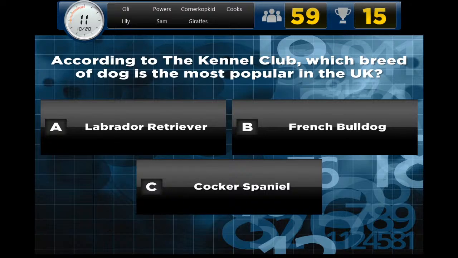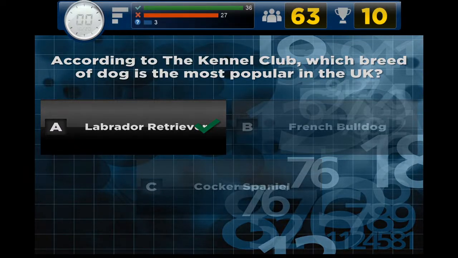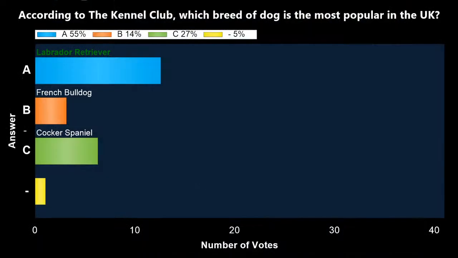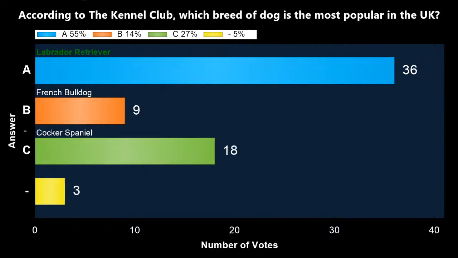Get in your answer quickly if you've not already done so. And the answer is A, Labrador Retriever. How many got that right? 36 got that right, with 9 going for French Bulldog, 18 for Cocker Spaniel, my personal favourite out of those.